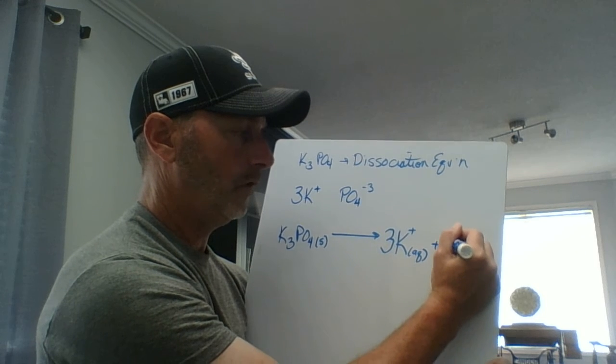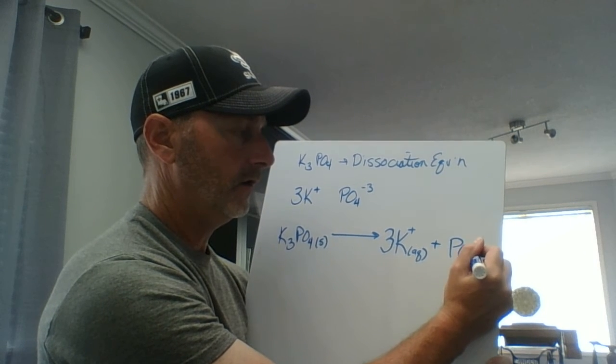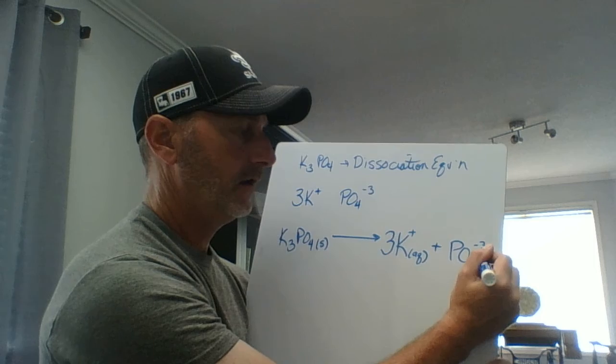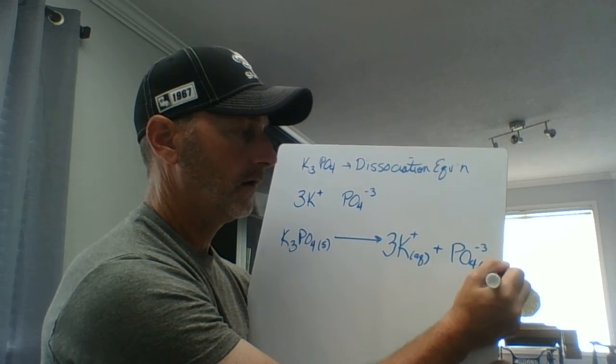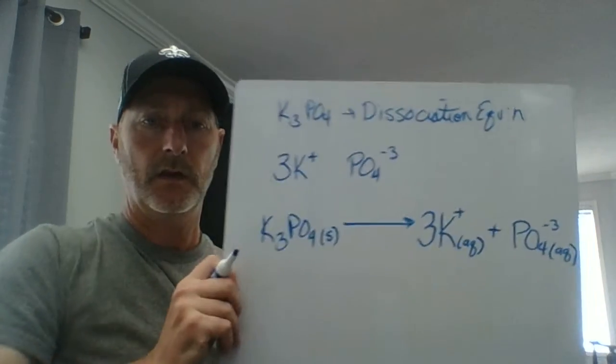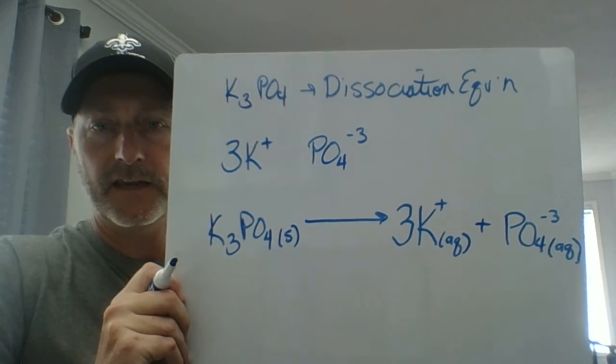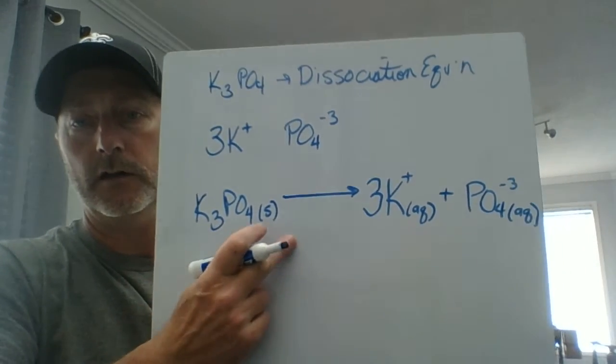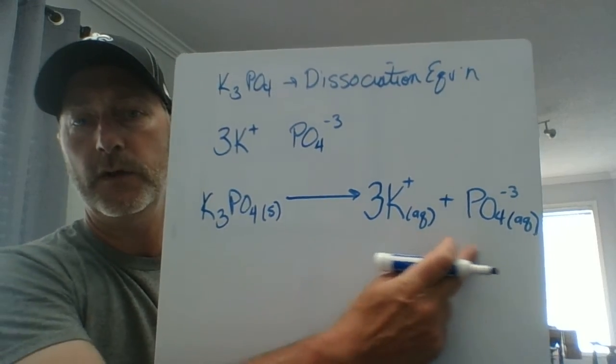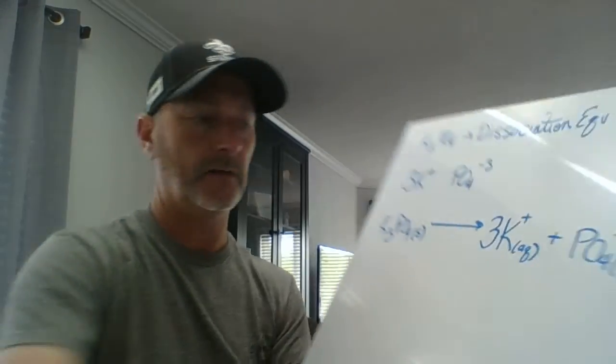And I'm going to have just one PO4³⁻, also (aq). Okay, that's called a dissociation reaction. And the key there is moving from that solid to now aqueous solutions for those ions. Okay, so that's the key step in those particular ones.